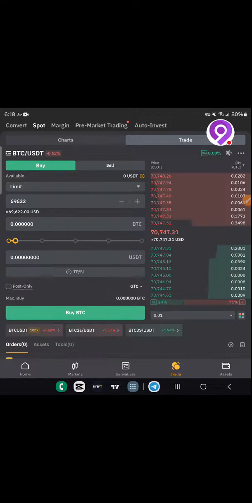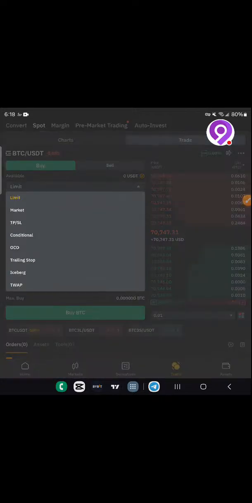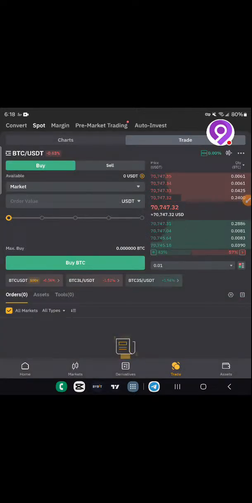If you don't set the limit order, then the other option that you have is what? Market order. This will allow you to buy the asset at that time instantly. It purchases the coin for you instantly. It doesn't waste time. Okay, so these are the two major options that you have to carry out this purchase.